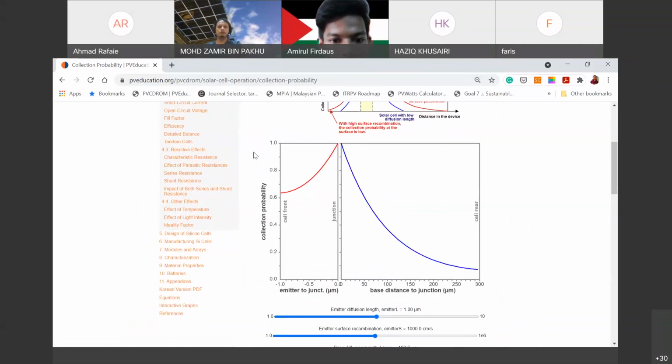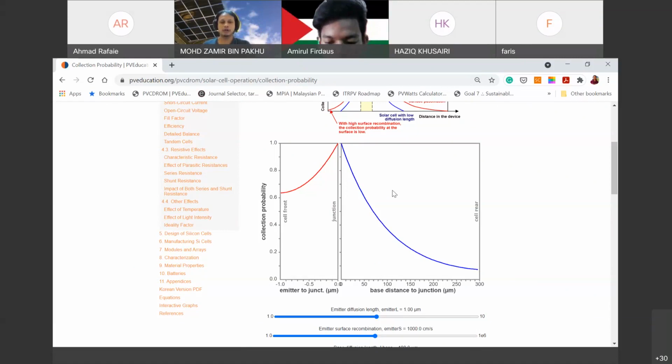Okay, so this is your PN junction, and say your green and red curve on the left hand side is the front side of the device, and the right hand side of the graph is the back of the cell, at the back of the PN junction.